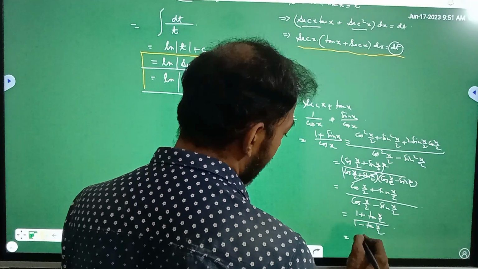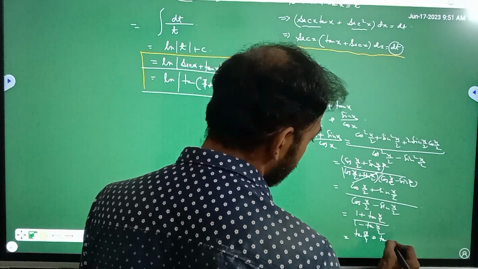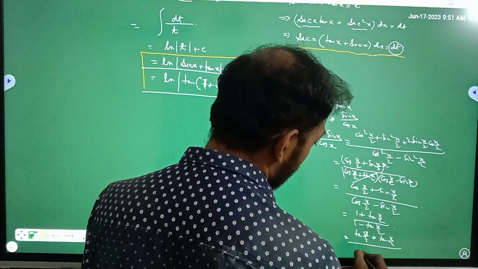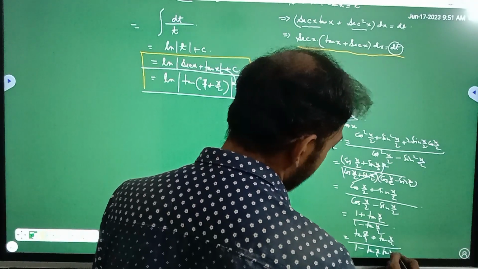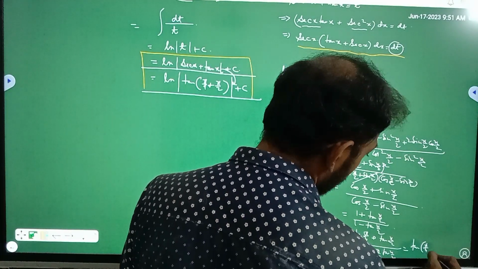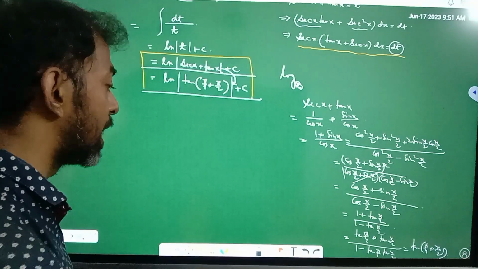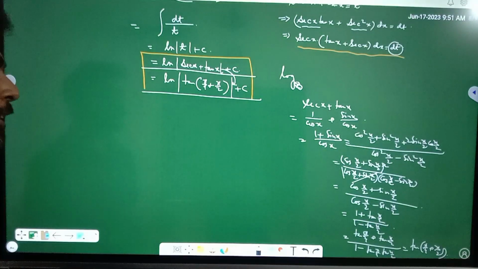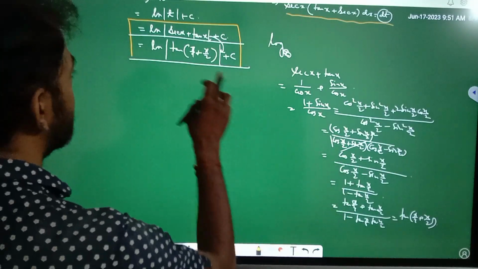And you may write 1 as tan pi by 4, so tan pi by 4 plus tan x by 2, total by 1 minus tan pi by 4 into tan x by 2, and you may write it as tan of (pi by 4 plus x by 2), because it's the formula of tan (a plus b): tan a plus tan b divided by 1 minus tan a into tan b.